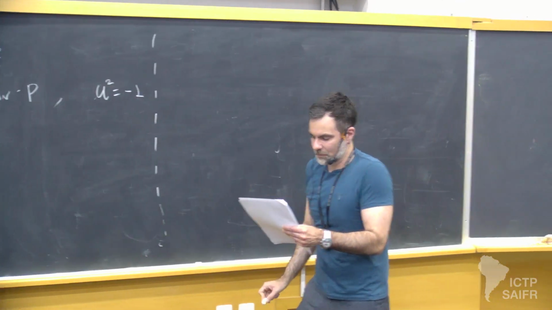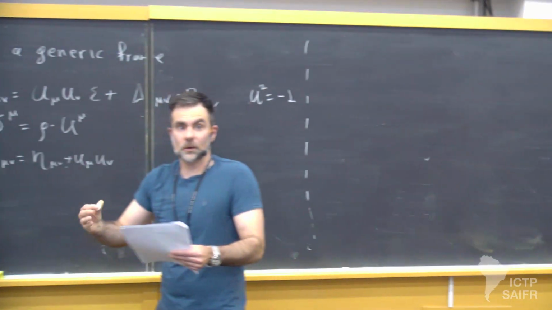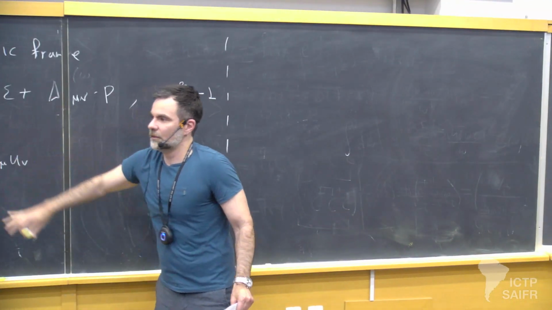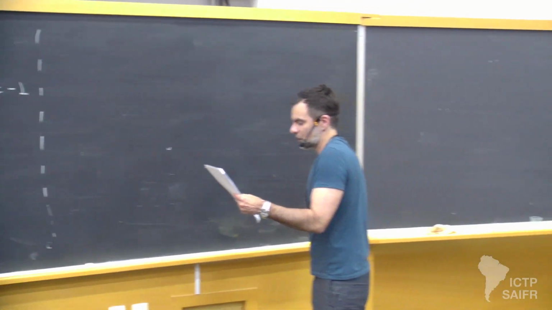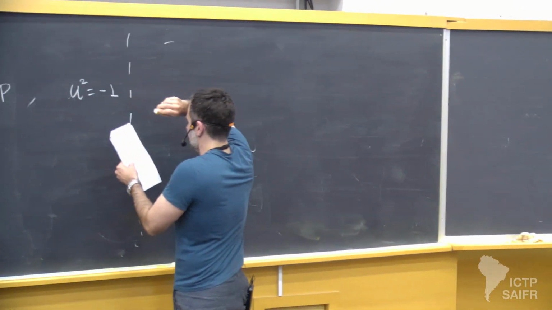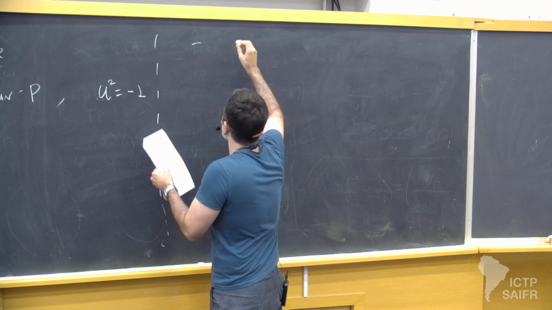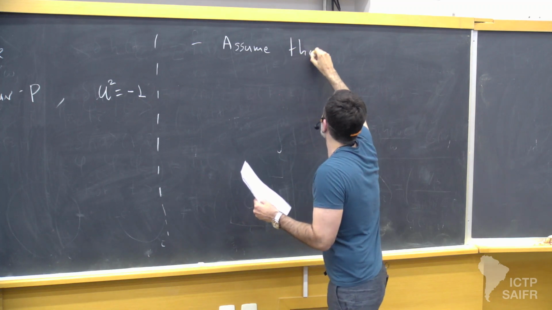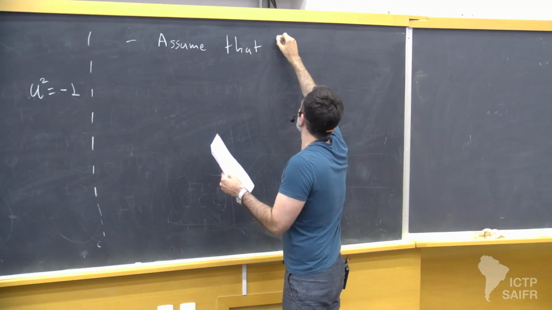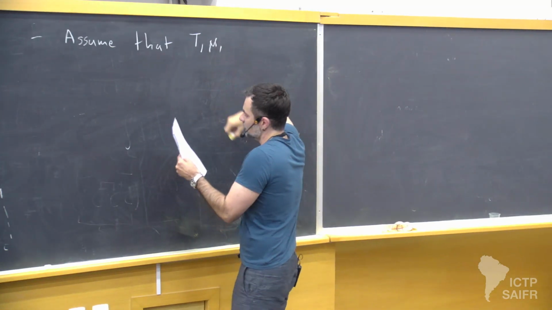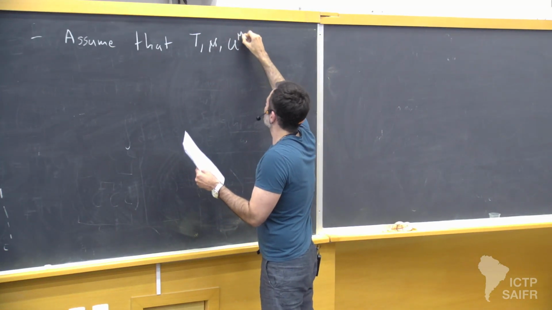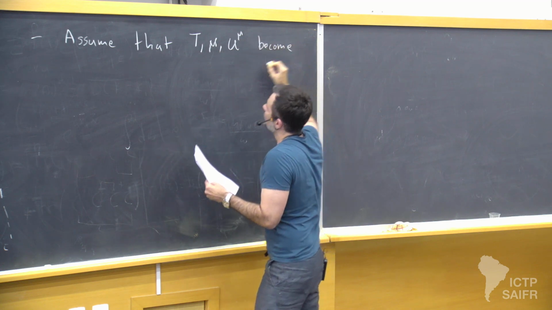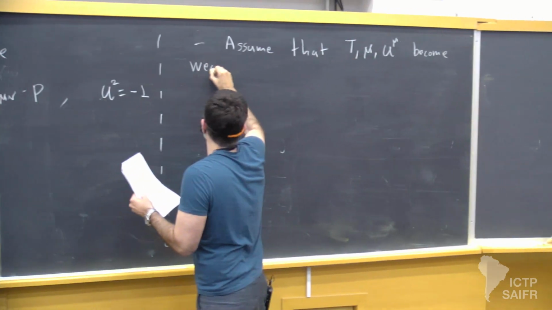Now, I'm starting to do hydrodynamics, basically looking at the long wavelength dynamics of the stress tensor and the current density, if I say the following. So assume now that the temperature, the chemical potential, and the fluid velocity, u mu, become weakly space-time dependent.